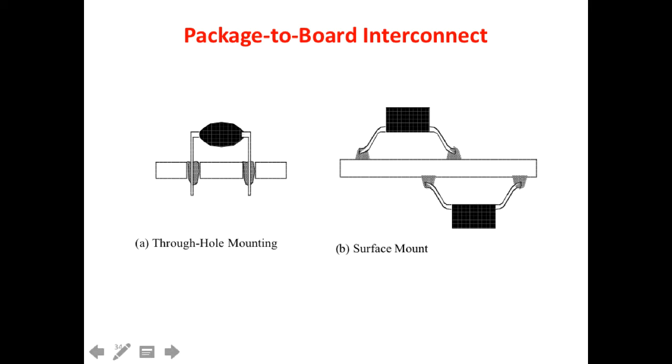Basically, this pin enters this hole on the board, and then you have some soldering material to have the electrical and the mechanical soldering. Or you can have a surface mount situation in which you do not have through holes, but simply the pin is on just one surface.